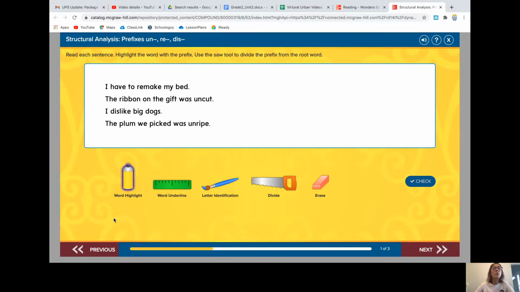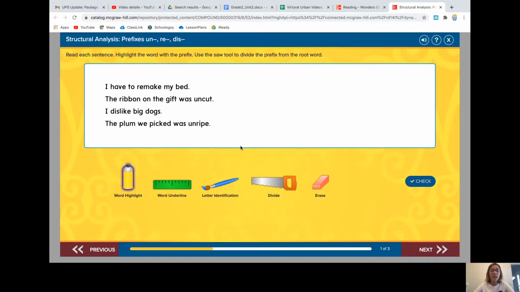You are going to write the prefix down on your paper when you find it in that sentence. Then it says use the saw tool to divide the prefix from its root word. Like we've done in the past, you guys are just going to draw a line in between the prefix and the root word.